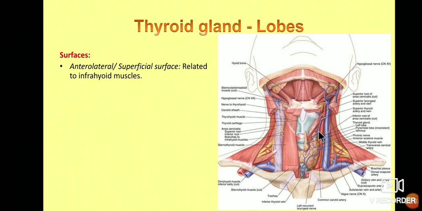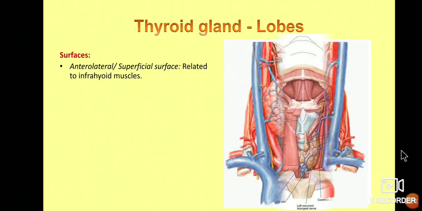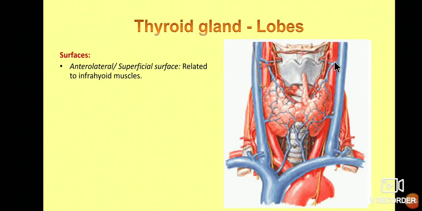Posterolateral surface is related to the great vessels of the neck, that is the carotid sheath and its contents. Posterolaterally it is related to the carotid sheath, mainly the common carotid artery inside the sheath and the internal jugular vein. In between these two you will see the vagus nerve.